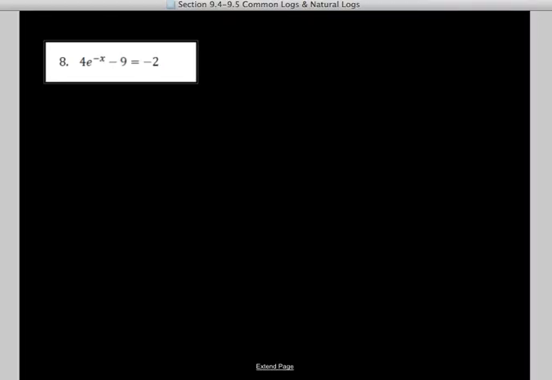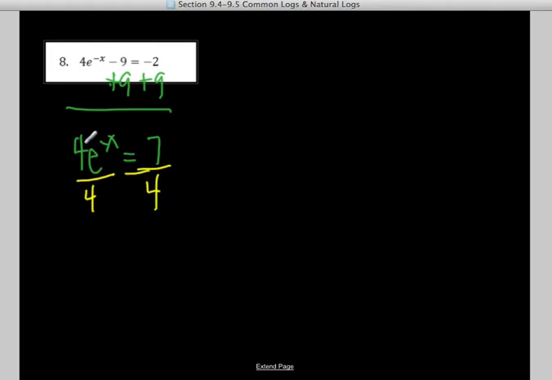Okay, example 8. Another equation we need to solve, so first things first, add 9 to both sides. Your goal should be to get e to whatever power all by itself and then use logs and natural logs. So we have 4 e to the negative x is equal to negative 2 plus 9, which is 7. I would divide both sides by 4. So I have e to the negative x is equal to 7/4.